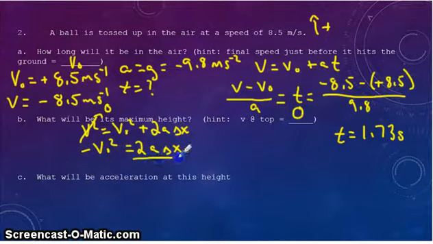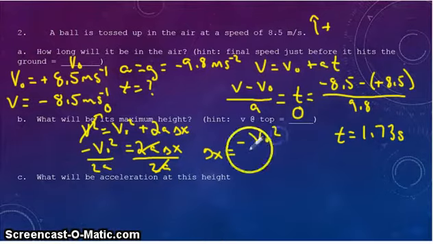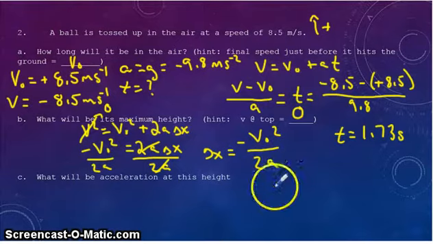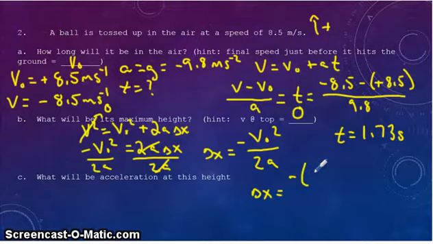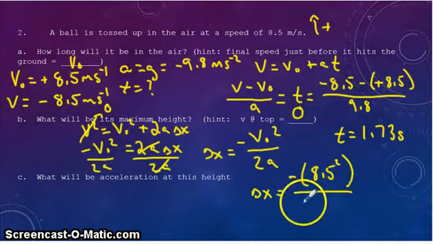I subtract the v naught squared, equaling 2a times delta x. I could divide by 2a, and I get my delta x to be the negative of v naught squared divided by 2a. So that gives me my height to be the negative of 8.5 squared divided by 2 times negative 9.8.